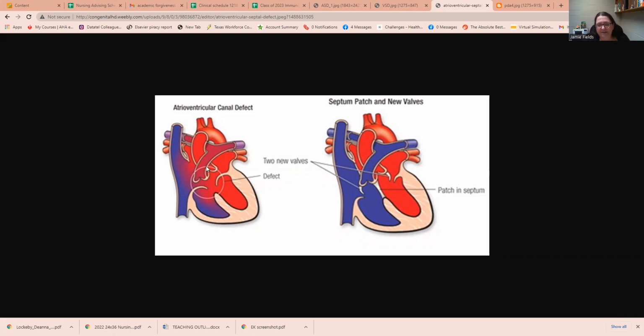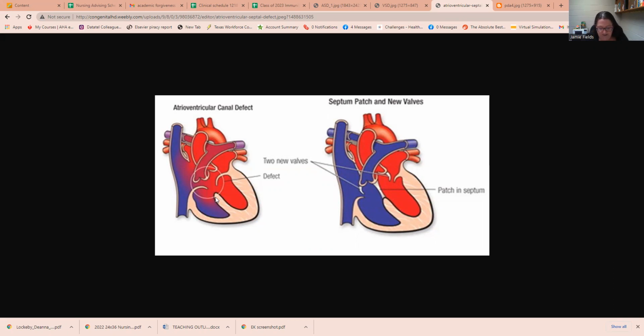This is a defect that covers the atria and the ventricles. The wall that goes between them doesn't form completely. So with ASD, the wall between the atria is incomplete. With VSD, the wall between the ventricles is incomplete. With atrioventricular canal defect, you actually have missing wall between the atria and the ventricles.